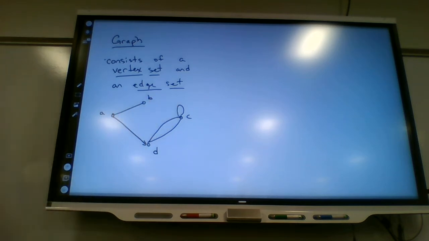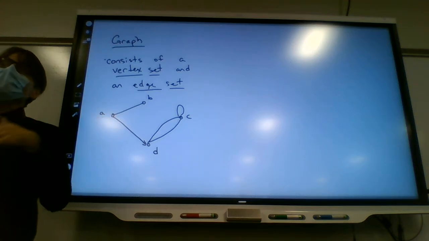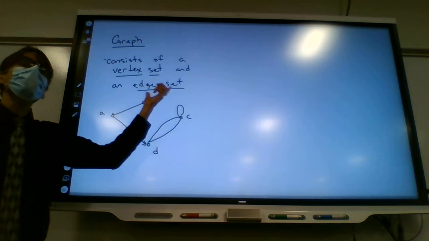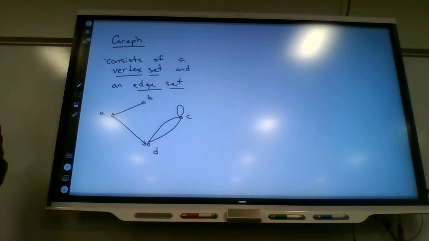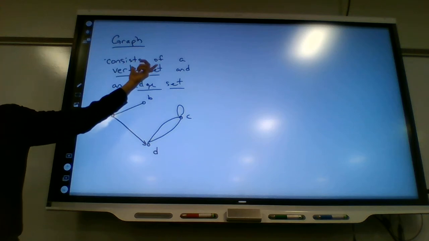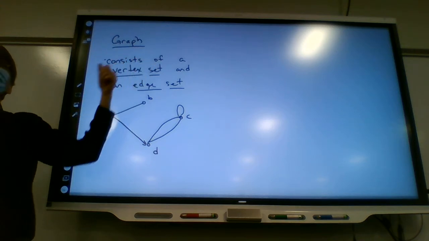All right, so what happens is we're going to use this idea of dots representing things. Again, it may not be dots because we may have too many things to draw, so we might just represent them in some other kind of set. And then the edge set consisting of some specific set of pairs of these things.